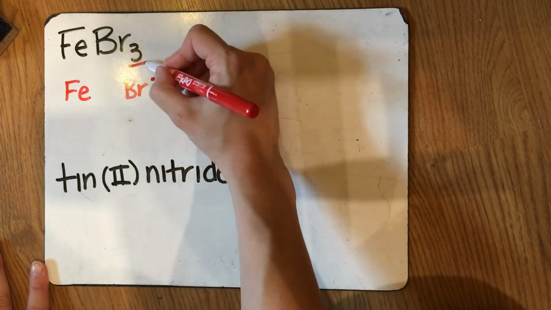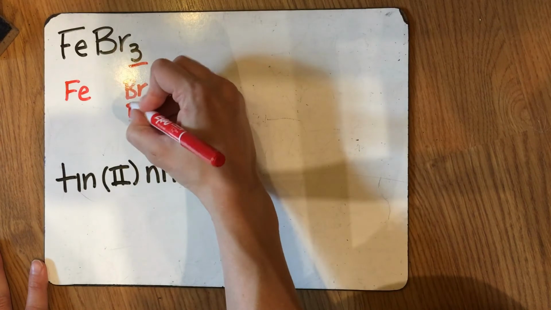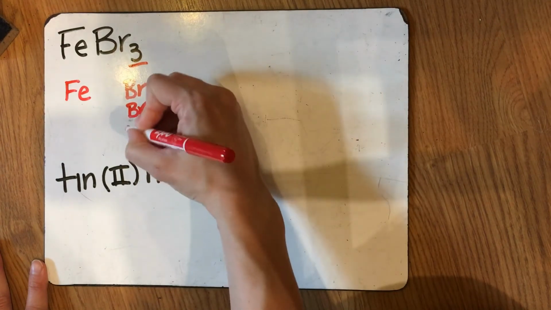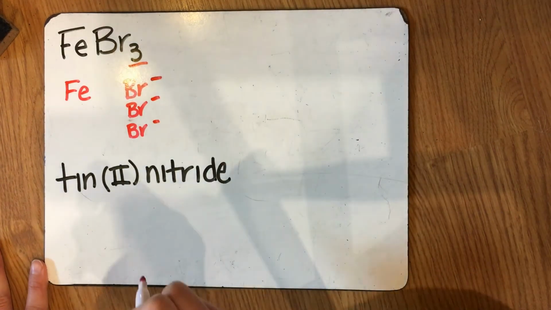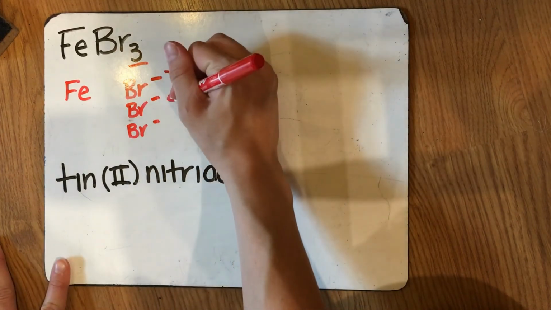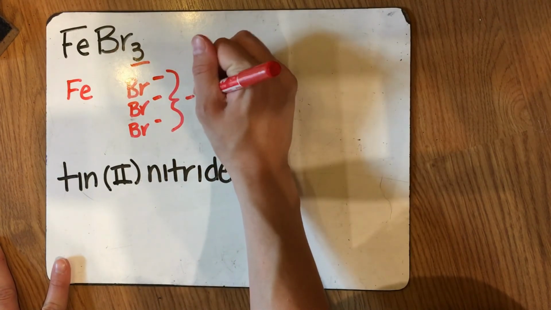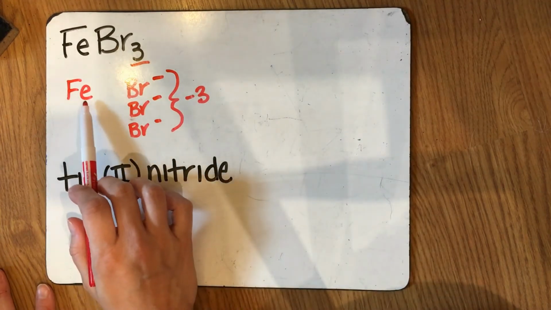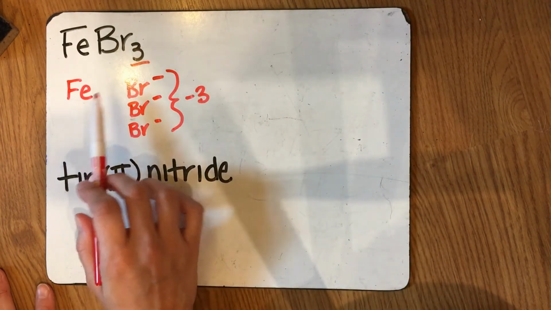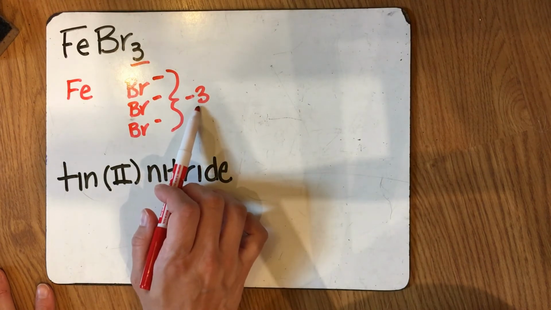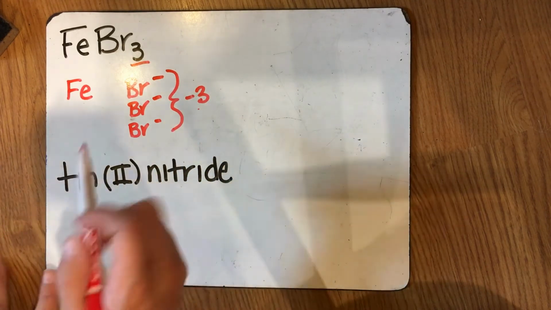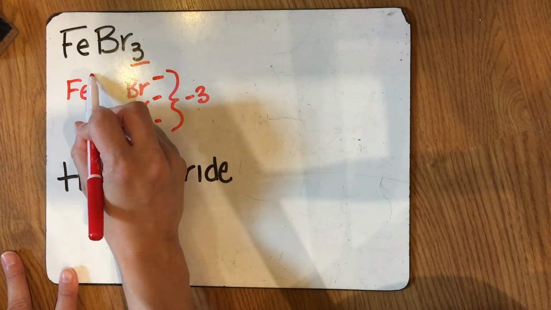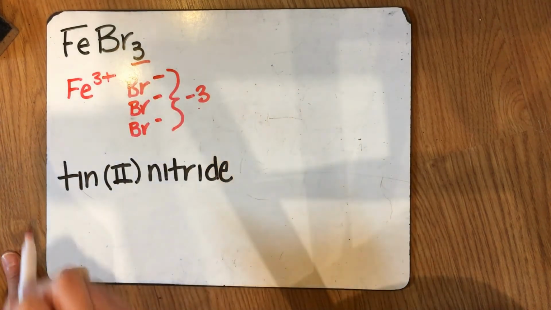When we look at our formula, we see that there are 3 bromines. They each have the same charge, and so our total of our negative charges is -3. We only have 1 iron, but we know that it has to cancel out this -3 charge, and so it must be a +3.